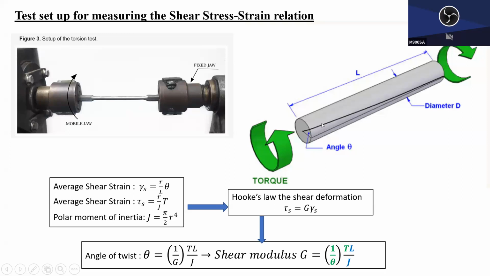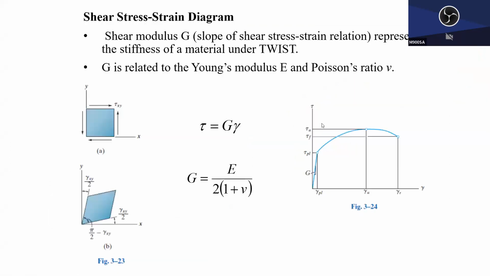So again, doing that kind of testing, we can get a similar shear stress, shear strain relationship like this for ductile material. And the linear part is usually very small.